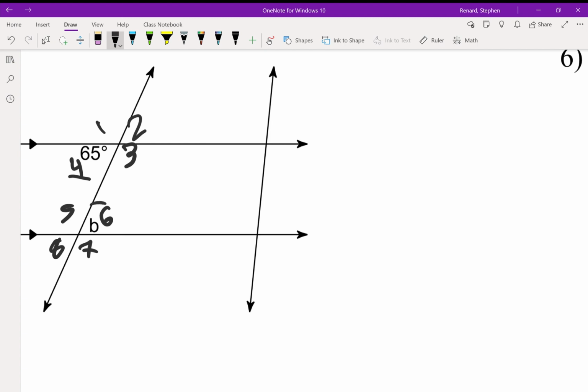So we have 4 and 6 alternate interior. We look at our cheat sheet and we see that when 2 parallel lines are crossed by a transversal, the alternate interior angles are congruent. So that means that B is 65 degrees.